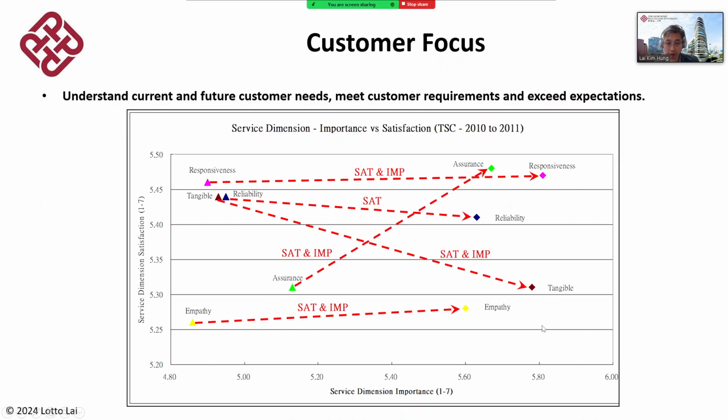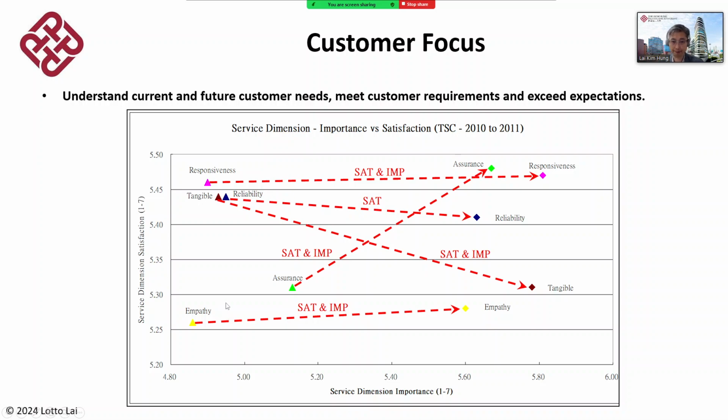So I will demonstrate some examples from when I worked at the Science Park before. Understanding your customer's current and future needs is customer focus. We need to do some surveys on the current and future needs of customers, using the service quality model with five aspects: tangibles, responsiveness, reliability, assurance, and empathy.